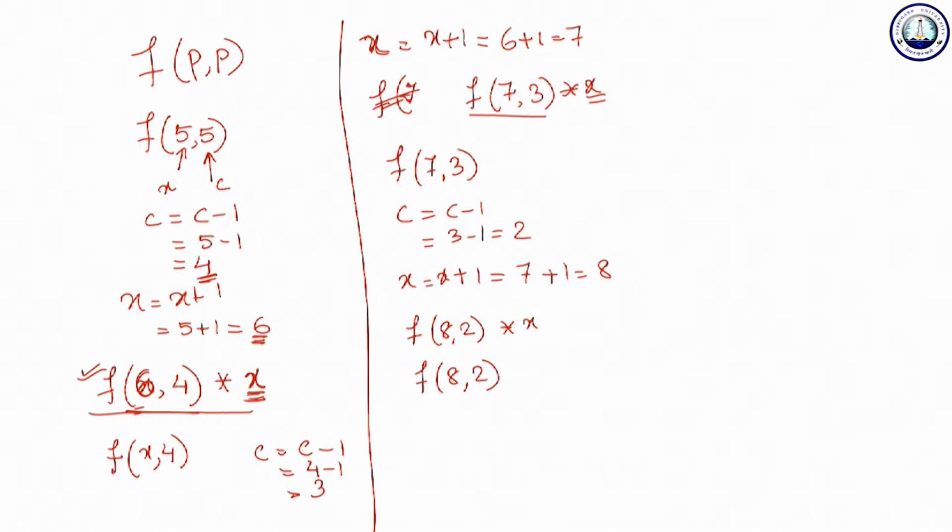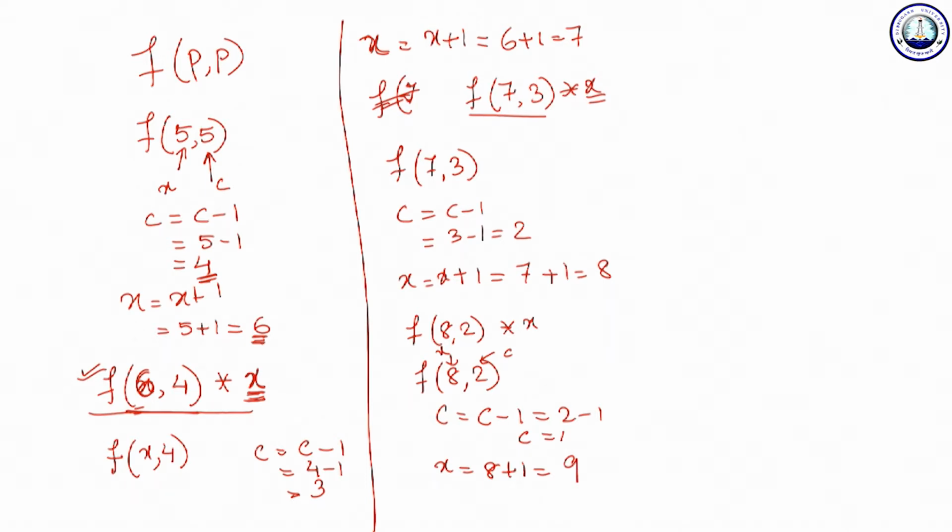So, f of 8 comma 2, your c is equal to c minus 1, where c is 2. This is your c part, this is your x part. So, c is equal to 1, and x is equal to 8 plus 1, which is equal to 9, that is x plus 1 I am doing.